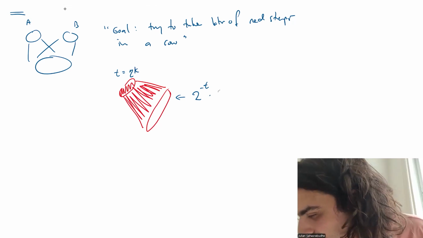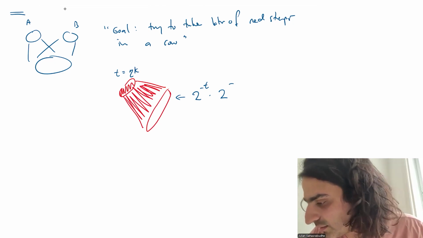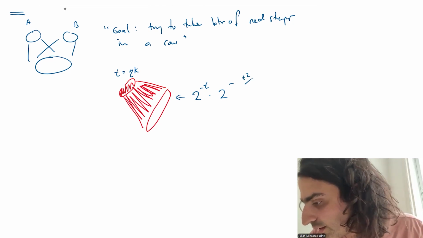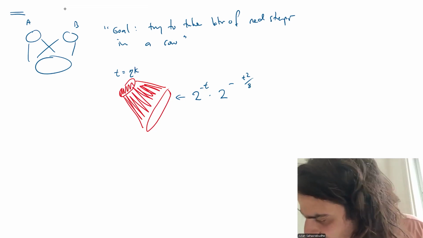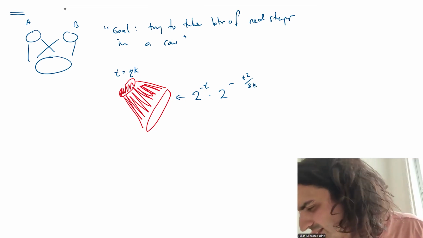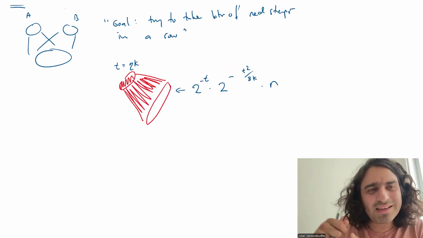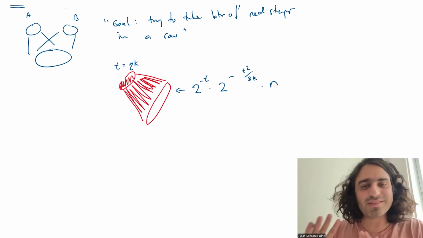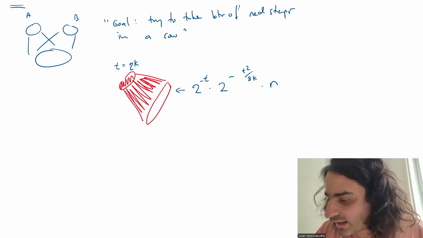And there's going to be an error term as well, something like 2 to the minus t squared over some constant bigger than 1. I think it's 8, if I remember correctly. So we get a little bit worse, but it turns out that this is acceptable. So this is basically the object we're building.